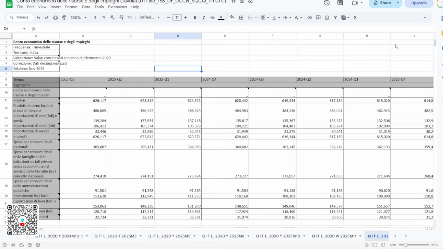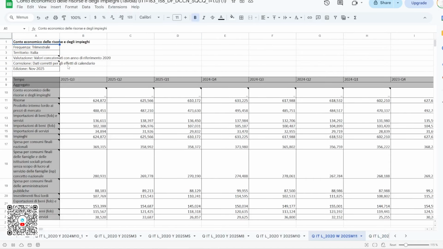But anyway, I only take one table because we have another table which is the same data, but corrected for the calendar variations. That means that if some months have more working days, then we want to filter out this noise in the calendar.